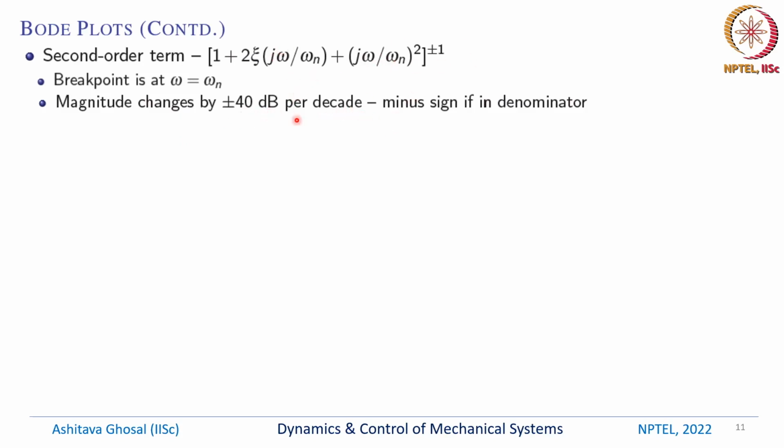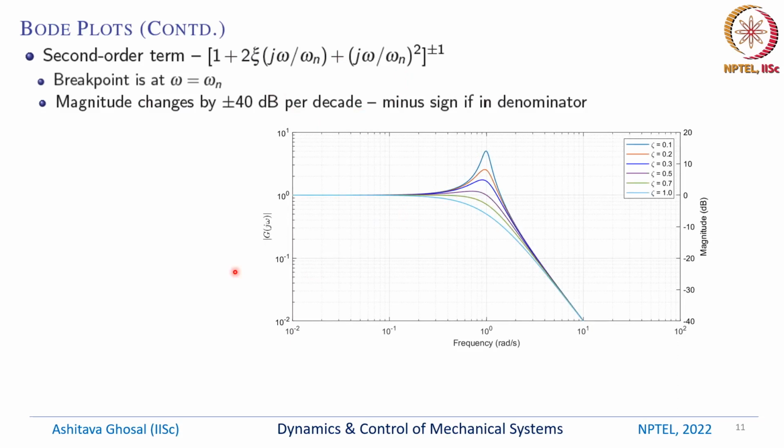If it is in the denominator, it is minus 40 dB per decade; plus if it is in the numerator. So unlike the first order term, which was 20 dB per decade, here it is 40 dB per decade. And we can plot again the magnitude of G j omega.